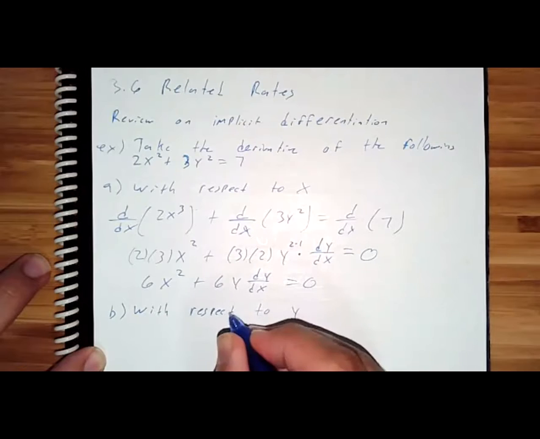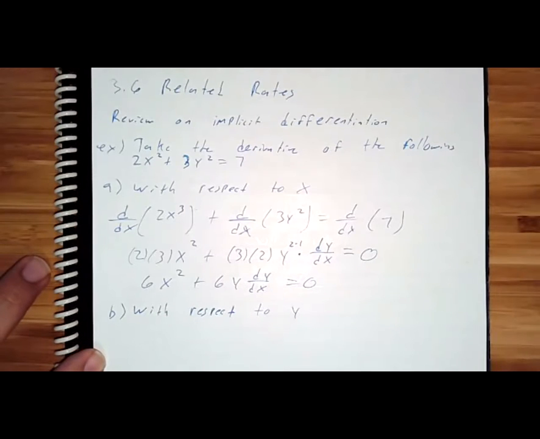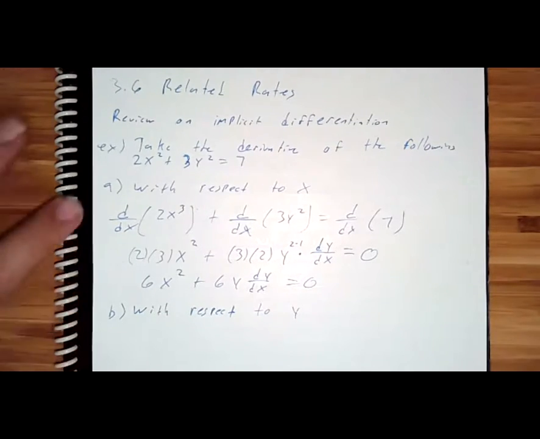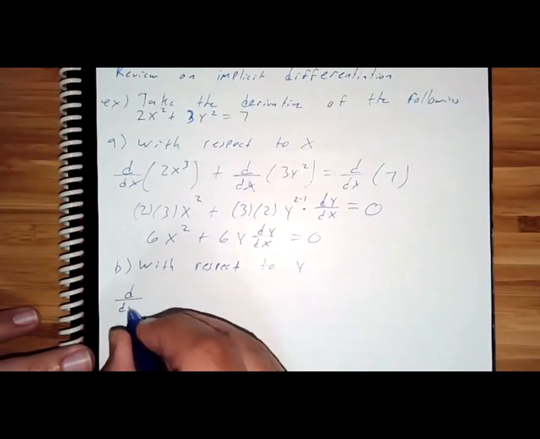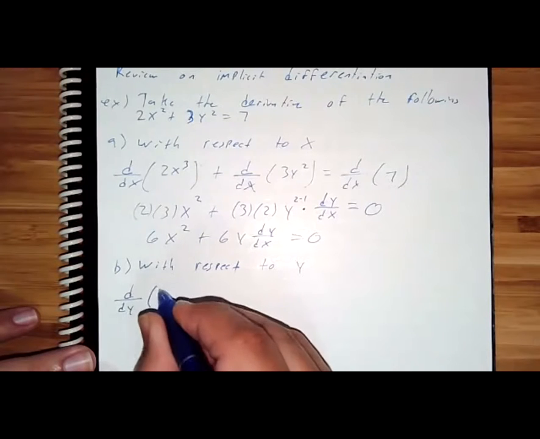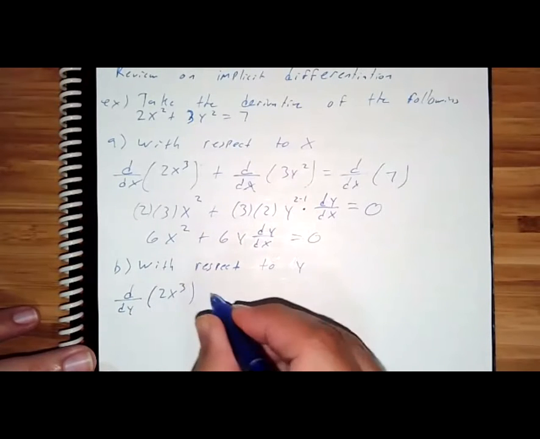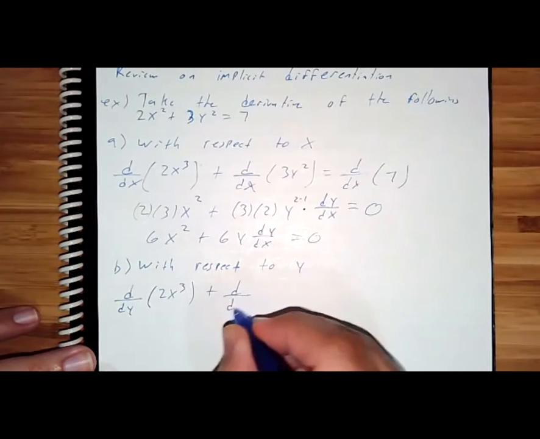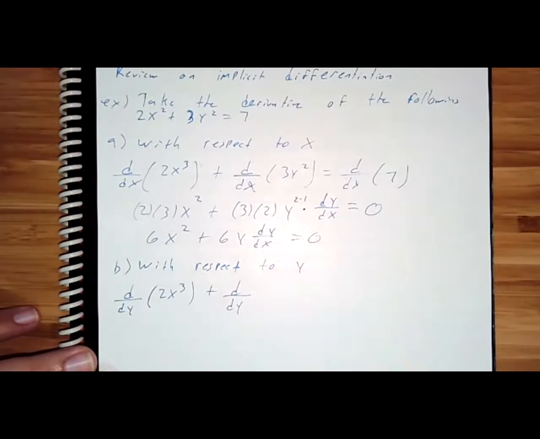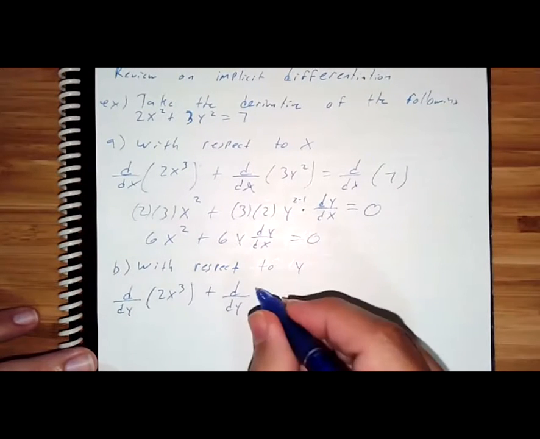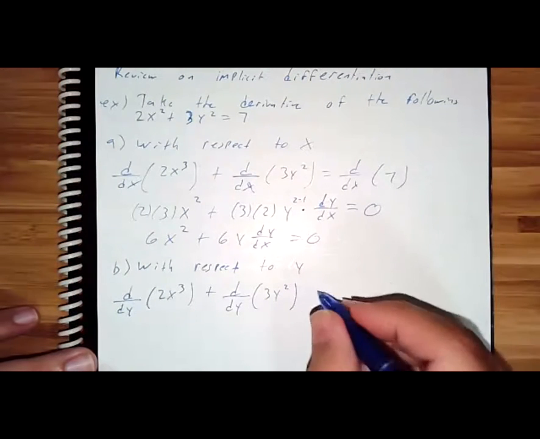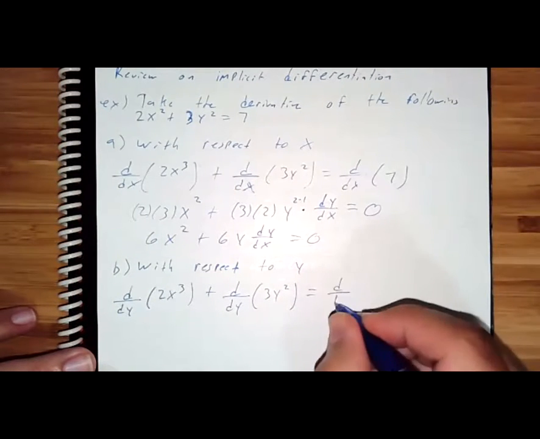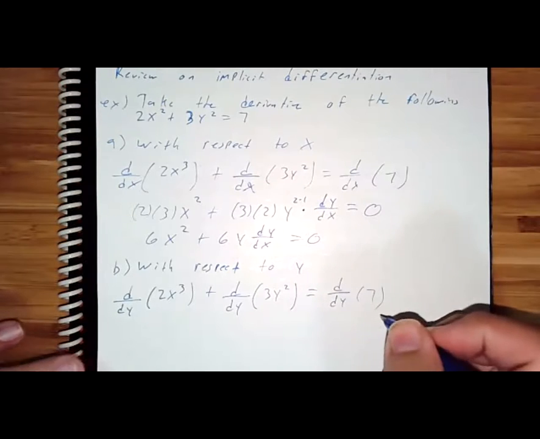Now let's do respect to y, just to see what happens, right? So I'm going to do d dy of the first term, d dy of the next term, d dy of 7.